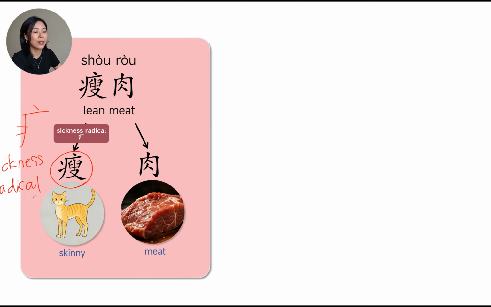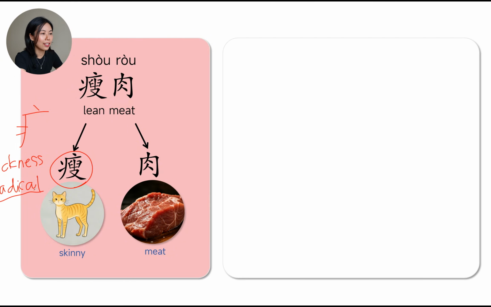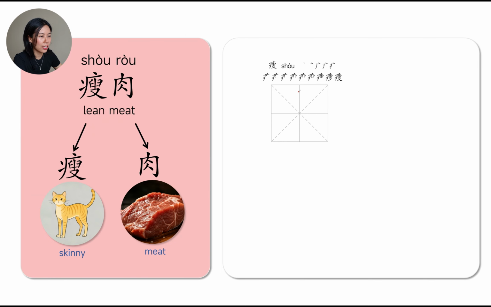So that's why we have a sickness radical in the character for skinny. Now let's learn how to write it. The 瘦: 1、2、3、4、5. Alright, this is the outside and it's the sickness radical. Let's fill in the inside.